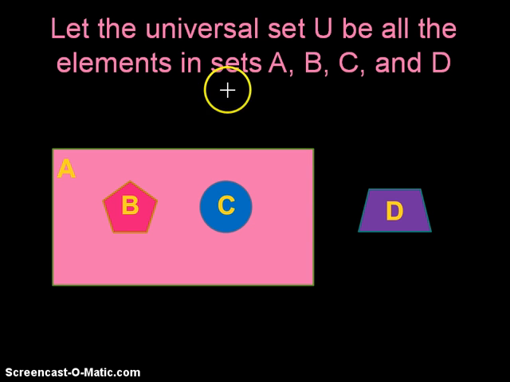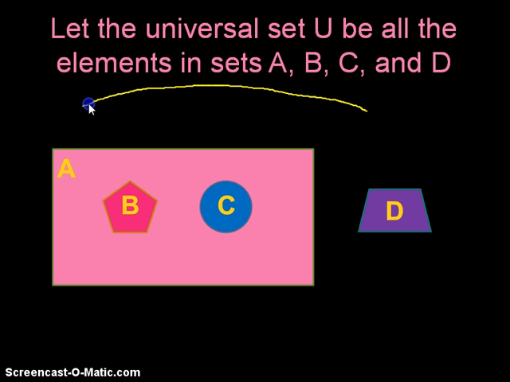Now let us have the universal set U be all the elements in sets A, B, C, and D. So what is our universal set?